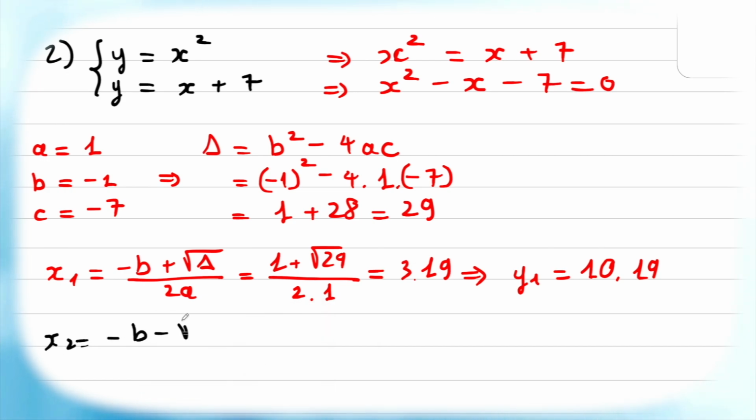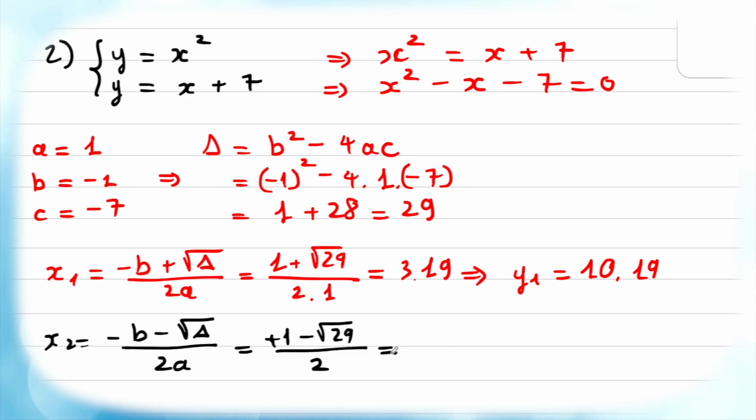The second solution, x2, is minus b minus the square root of the discriminant, divided by 2a, so 1 minus square root of 29 divided by 2. You will have minus 2.19, and for y2 you add 7, which gives 4.8.